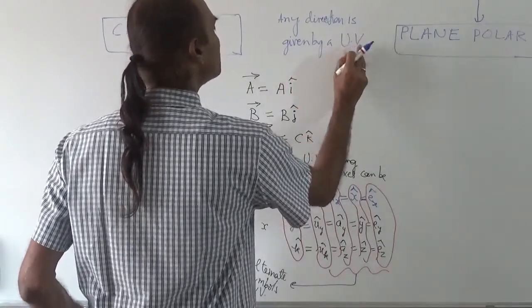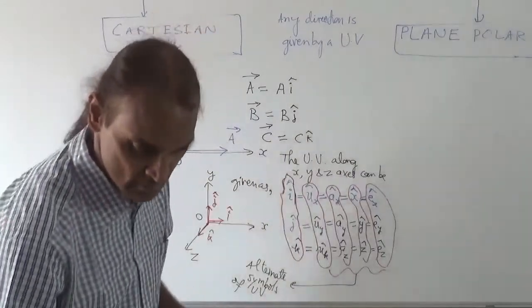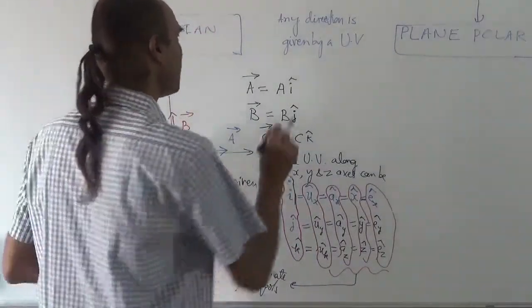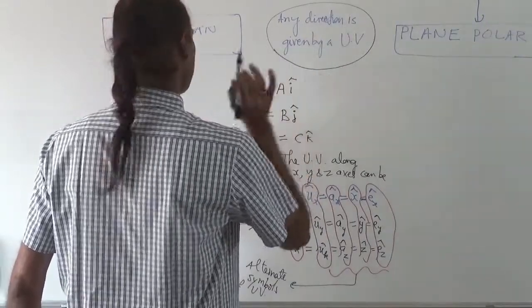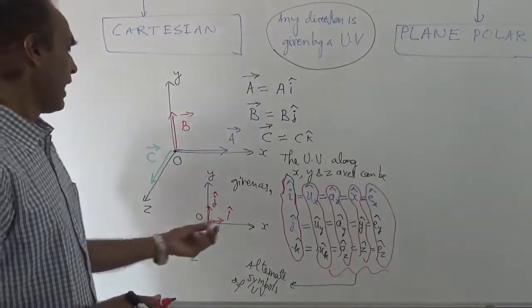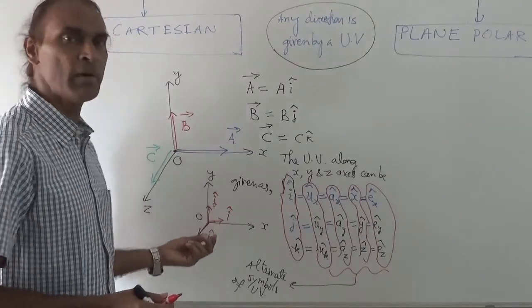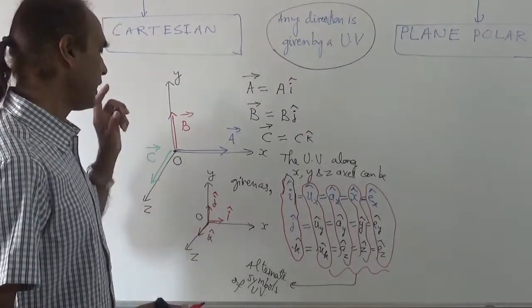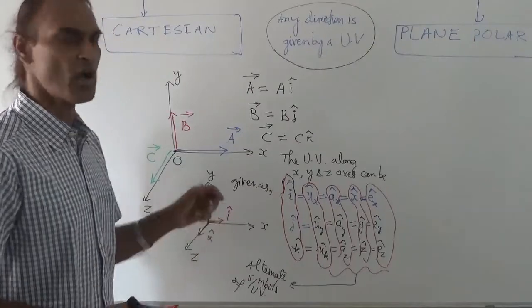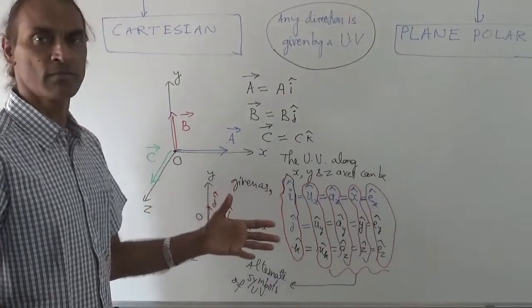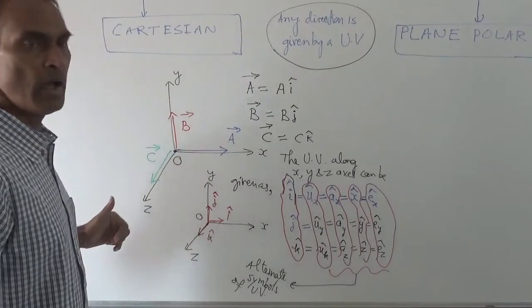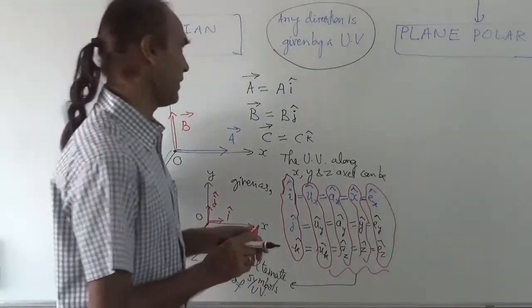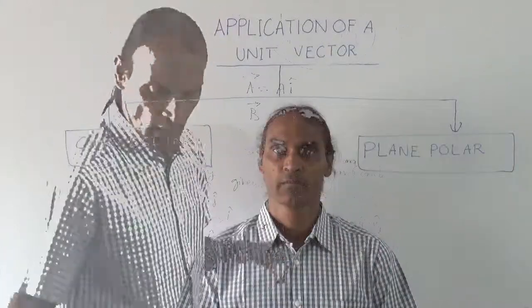So unit vector means a direction. This is the key thing for the unit vector. i cap, j cap, k cap are the representation of the directions of any vector along x, along y and along z directions respectively in the Cartesian coordinate system.